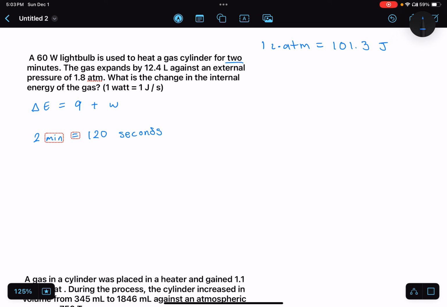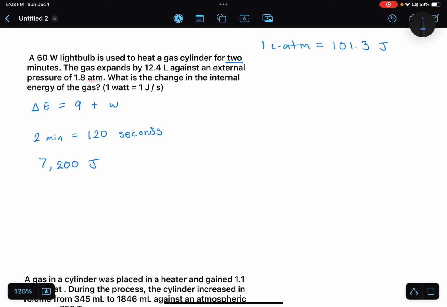So 60 watts times 120 seconds gives us 7,200 joules.